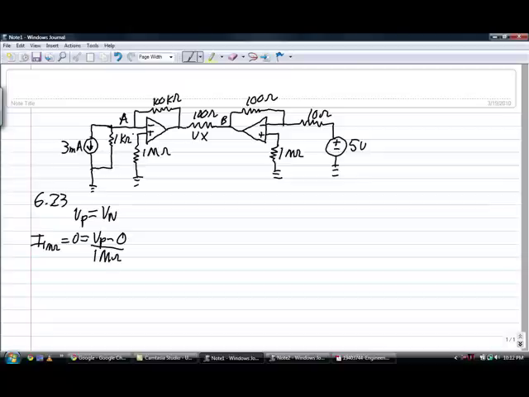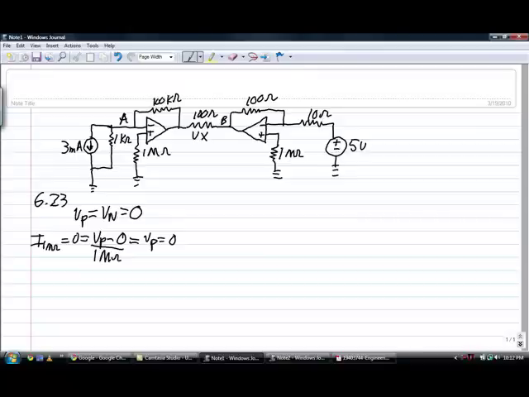V sub p would be right here. I guess I can't really draw it in there. But from this equation, we can see that V sub p must also equal 0. And therefore, up in this equation, both of these are equal to 0.